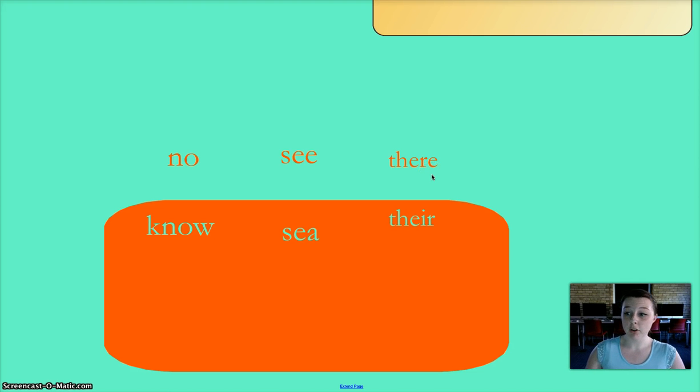So if I say the book is over there, I would use the top word. If I want to say that the book belongs to them, I would say it's their book, T-H-E-I-R. So those are some homonyms that we have to differentiate. We have to know what they are.